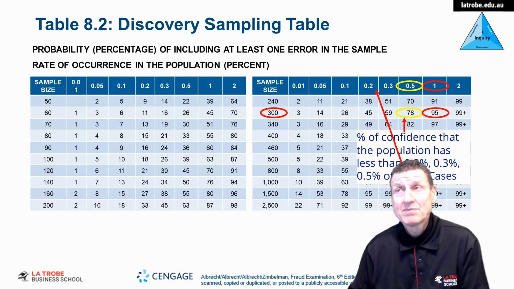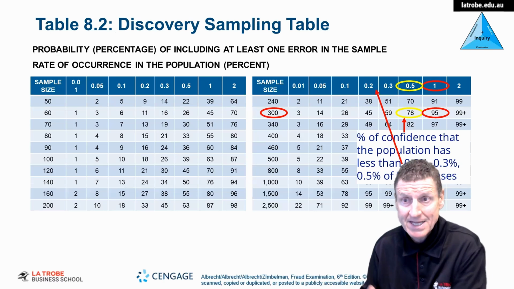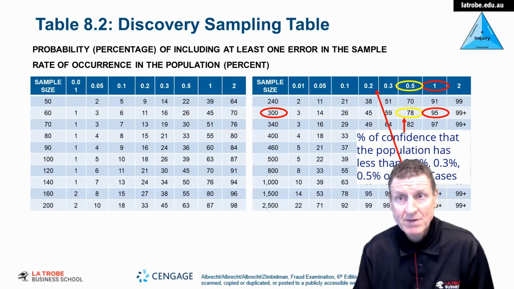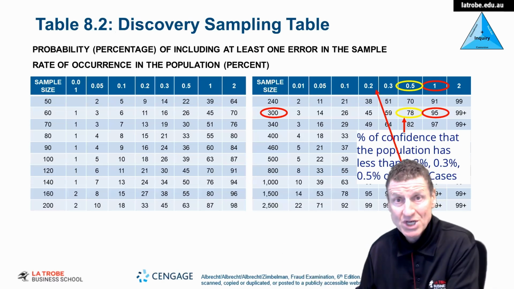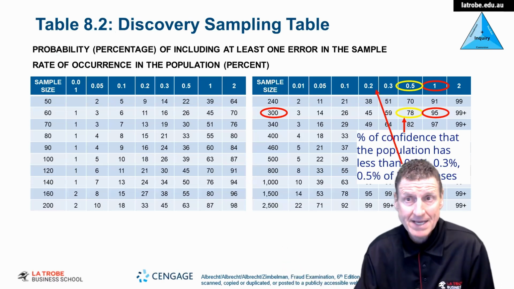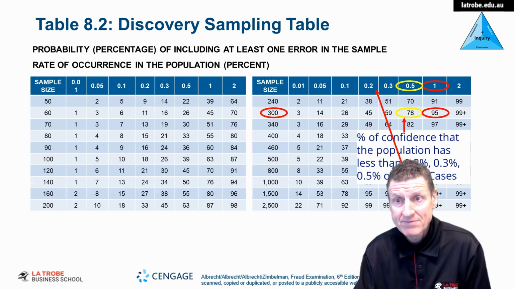All right, the 0.5% of the checks. Now, 0.5% of 10,000 checks, that's 50 checks. So you can be 78% confident that there are 50 or fewer fraudulent checks in the population of 10,000. You can be 95% confident that there are 100 or fewer fraudulent checks in the population of 10,000.